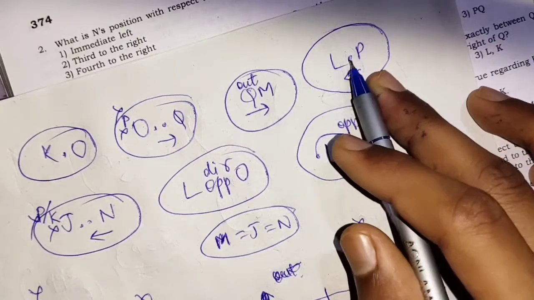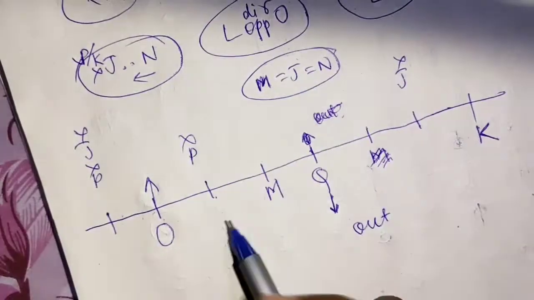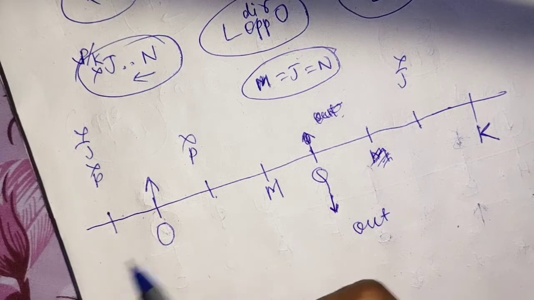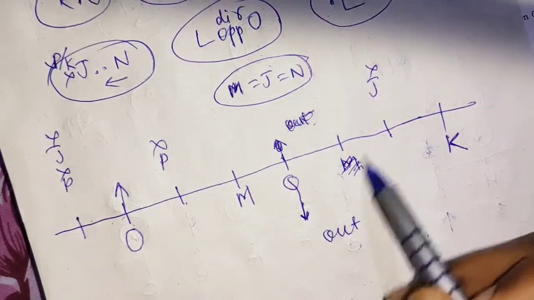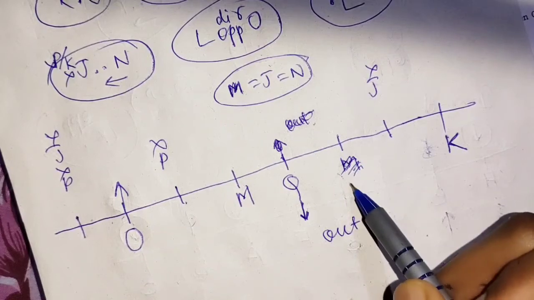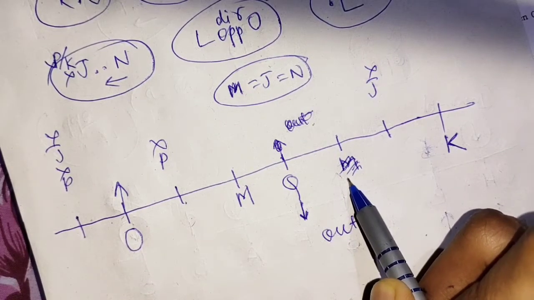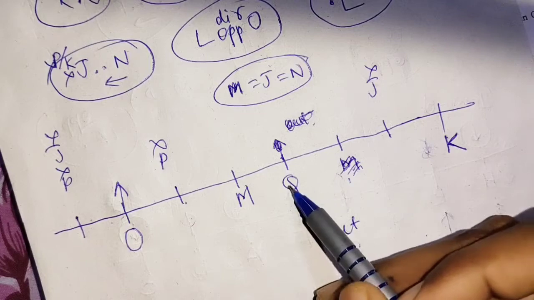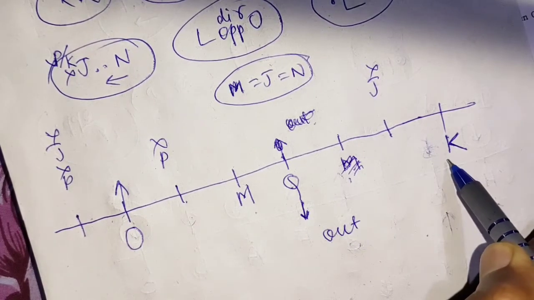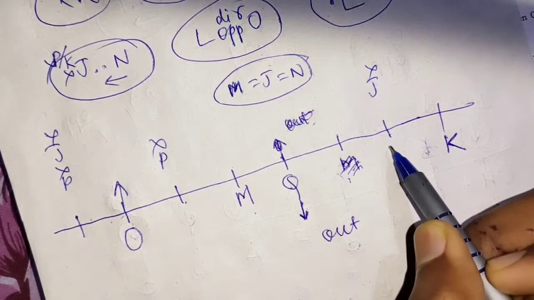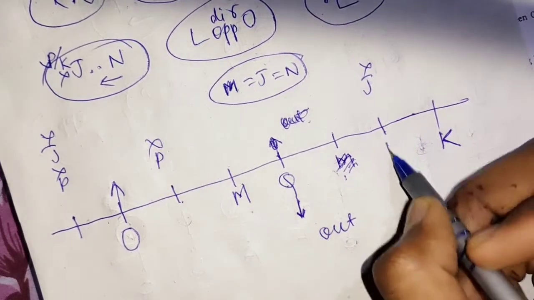Here L is second to the left of P, and since P cannot be placed here, there are two positions of P. If we place P here, then will we be able to place L? At a gap of 1 person L cannot be placed here, so we are left with only one position for P, and that is this.